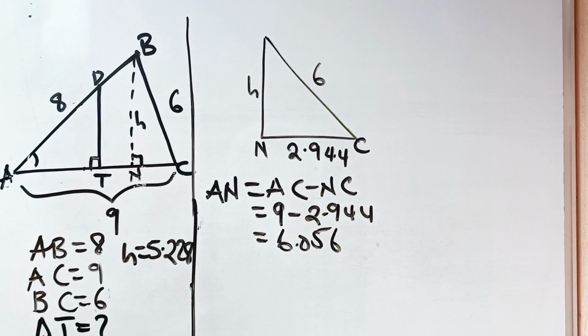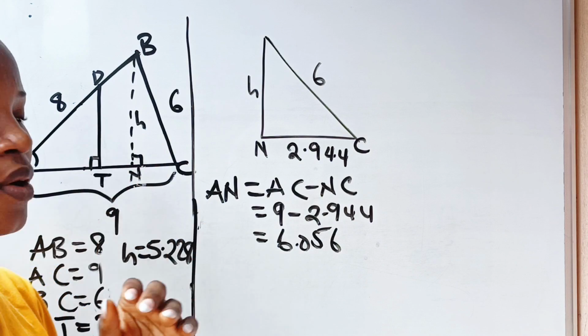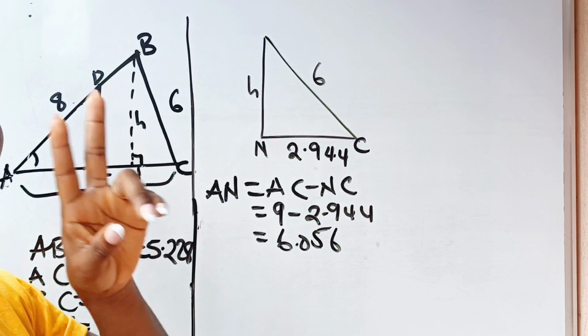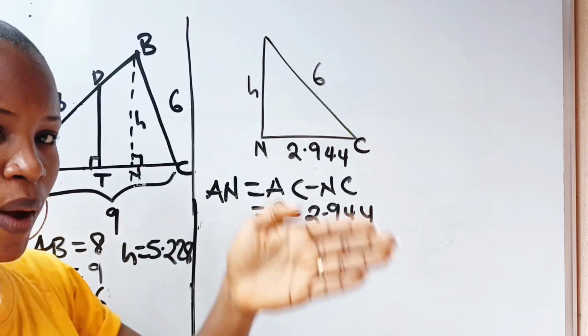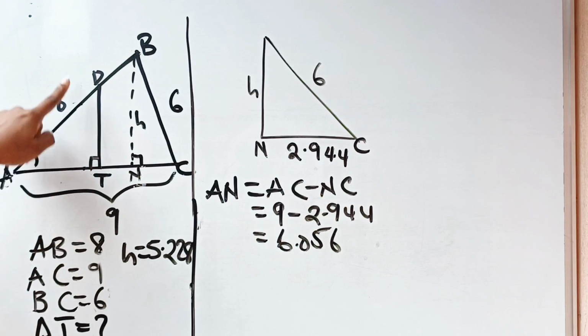Now remember, why are we getting that? We have two similar triangles here, which are triangle ADT and triangle ABN. Like I said, using the theorem that the ratio of the areas of two similar triangles is equal to the square of the ratio of their corresponding sides. Now we are looking for the value of DT.